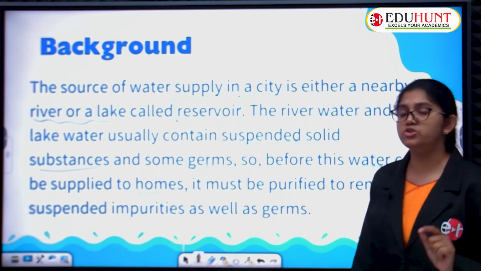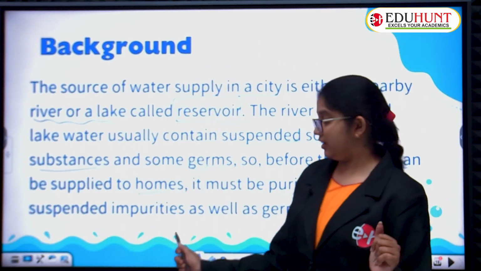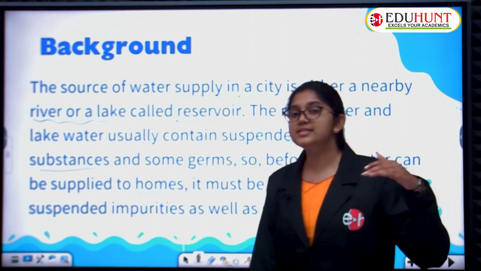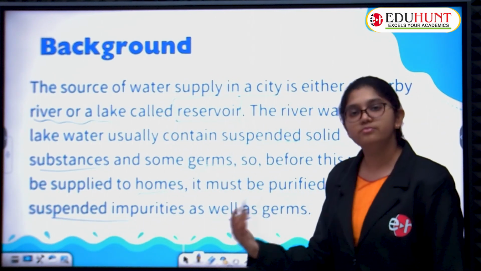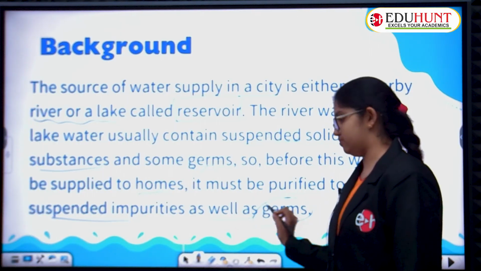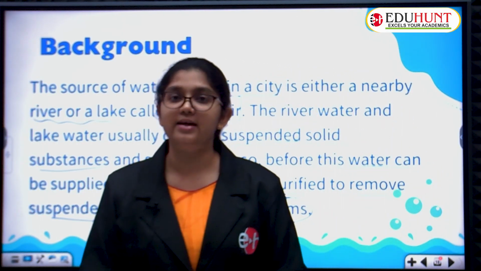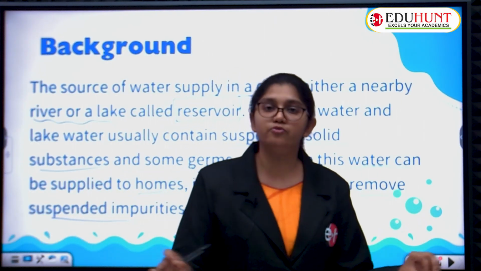It is mandatory. It must be purified to remove the suspended impurities present in the water as well as germs. So we are going to separate those two: mainly the suspended impurities, and also the germs, which should be removed.